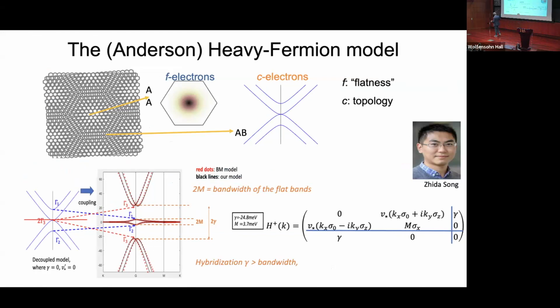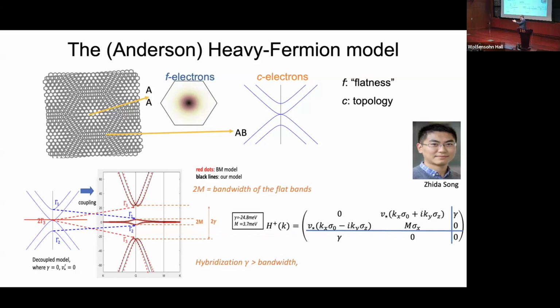Within this energy range, everything, velocities, energetics, form factors, meaning just overlap integrals, matches extremely well. And because this is a model that you can diagonalize, you can get the form factors from that model. Then you can use those form factors, for example, in momentum space calculations if you want to. They match very well because it's derived, right? It's not postulated. It's derived from the Bistritzer-MacDonald model. Very good questions.